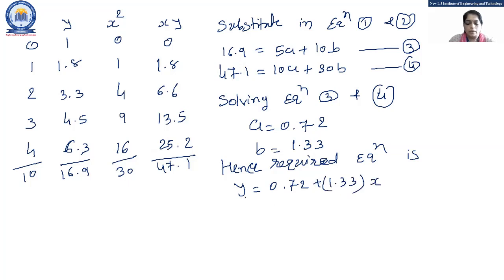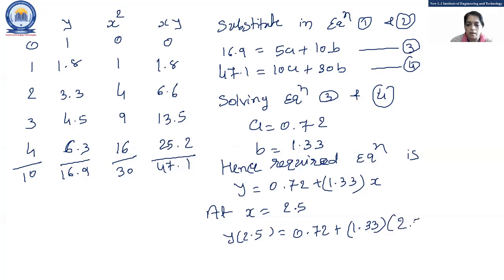We want to find at x equal to 2.5, what is the value of y? And that is y at x equal to 2.5 is 0.72 plus 1.33 into 2.5, and that is 4.045.